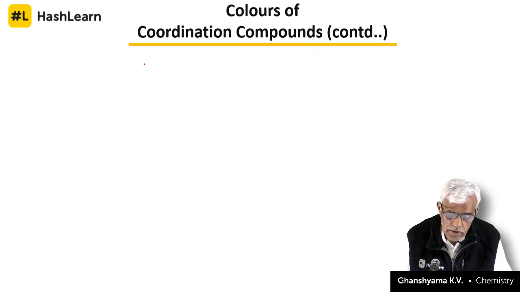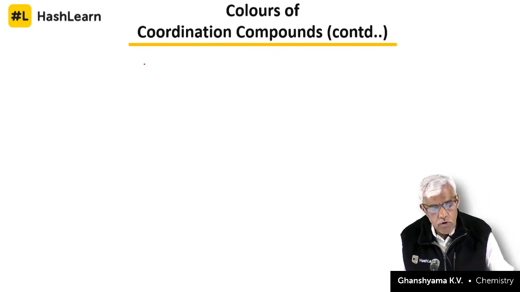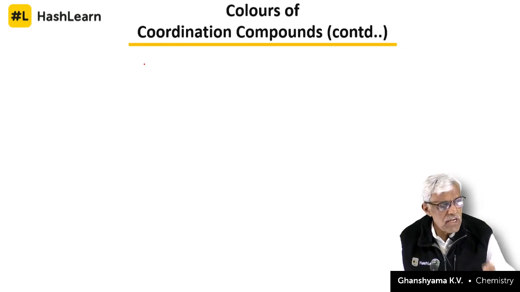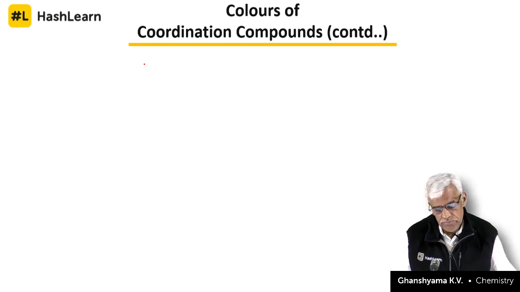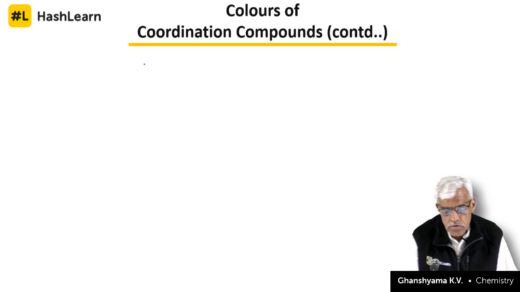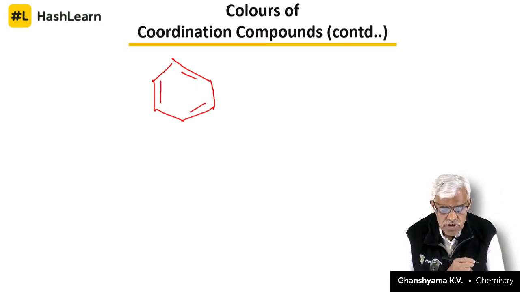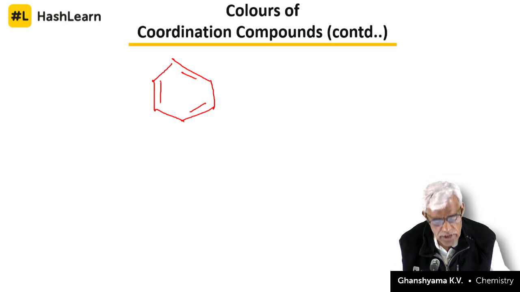So it depends upon the ligand also. First of all, why is a particular ion, a particular compound, colored? See, benzene is colorless. I will sum up this color in another 2 or 3 minutes.